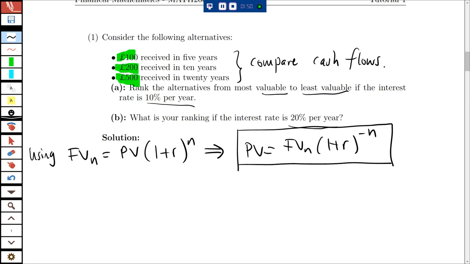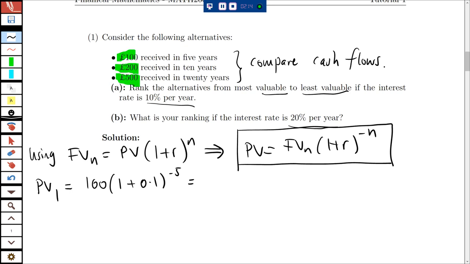Okay, so the first one, the £100. The present value after 5 years for the £100 cash flow is 100 times 1 plus 0.1.